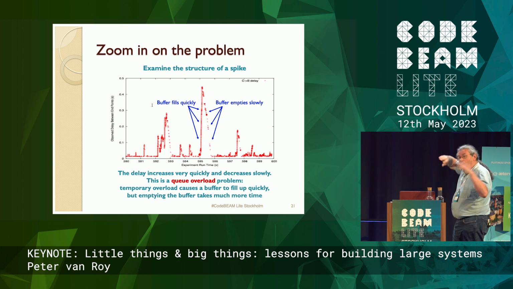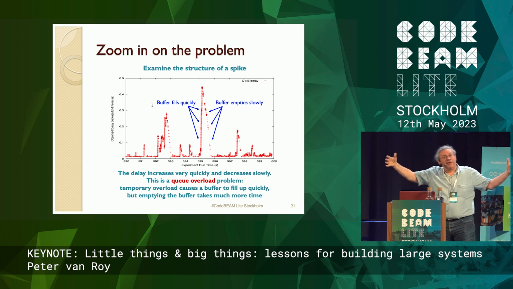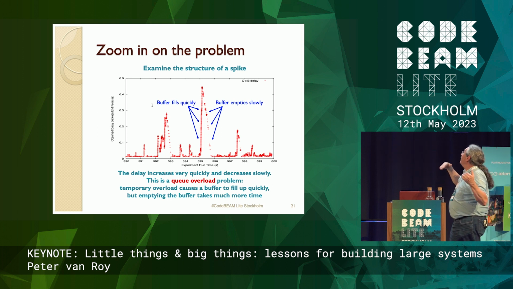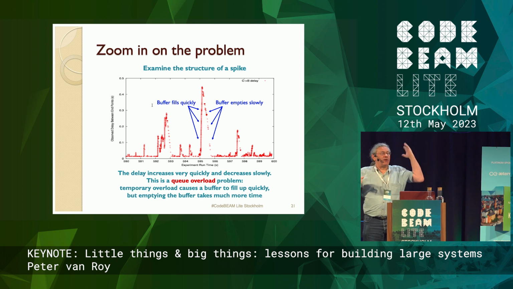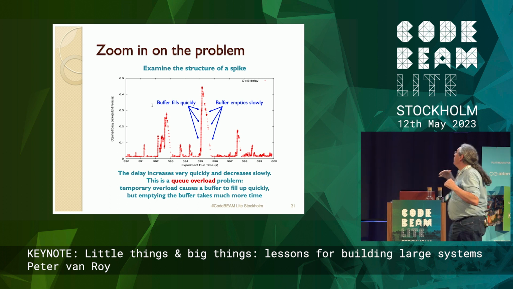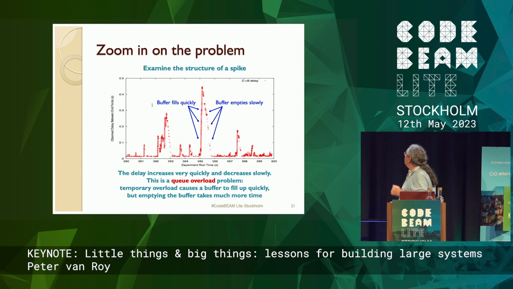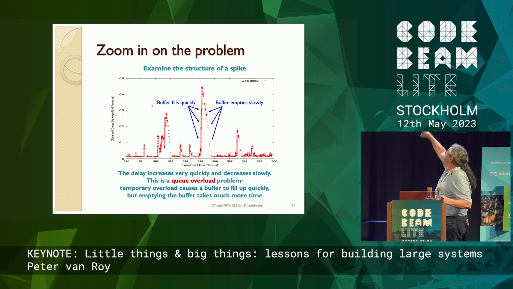And then the overload disappears, the system is back to normal, but you have this full buffer, and it slowly empties, okay? The buffer is filled very quickly, but the delay it causes is very long-lasting. Temporary overload causes the buffer to fill up quickly, but emptying takes much more time. That's understandable. You see where that problem is coming from, huh?